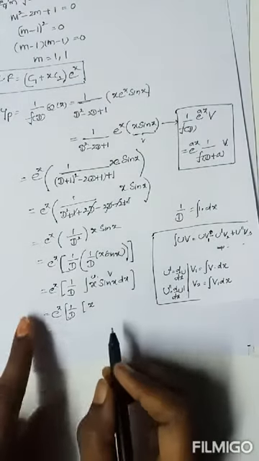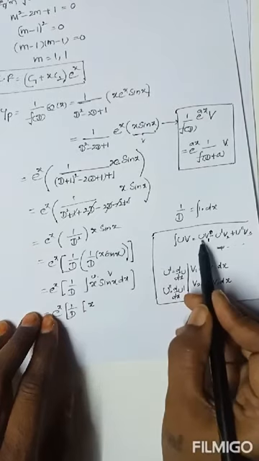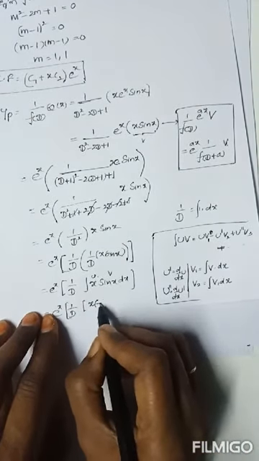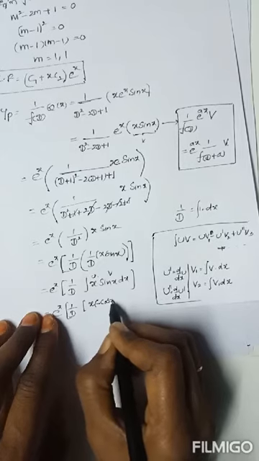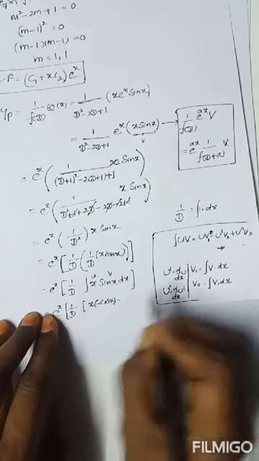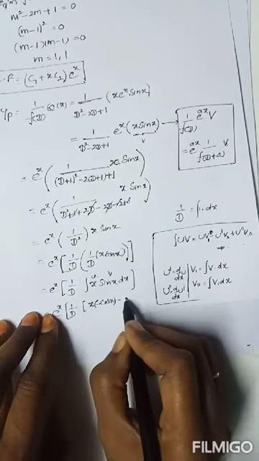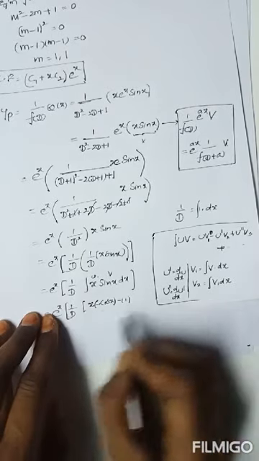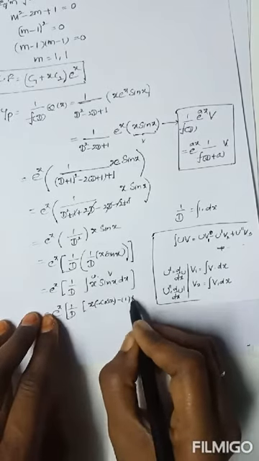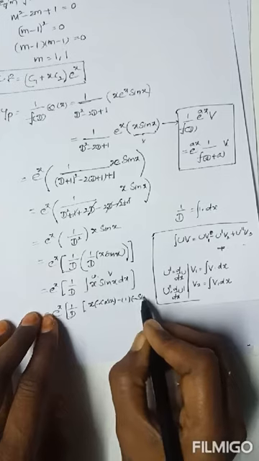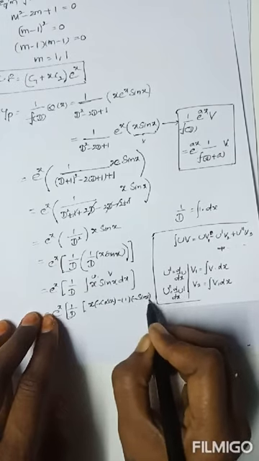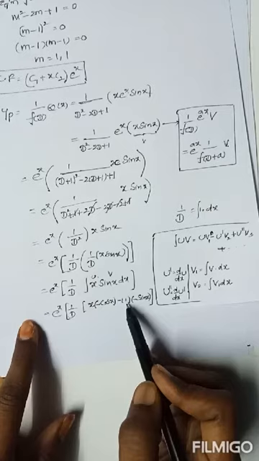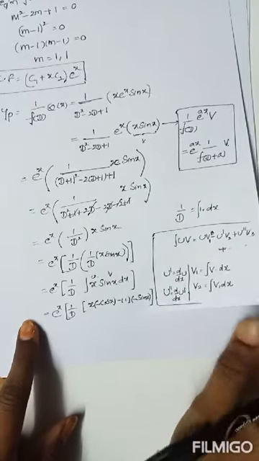Here, u into v1: the integration of sin x is minus cos x. Minus u dash: the differentiation of x is 1. v2 is the integration of v1, and again the integration of minus cos x is minus sin x. Here again the differentiation of 1 is 0, so the integration is over.